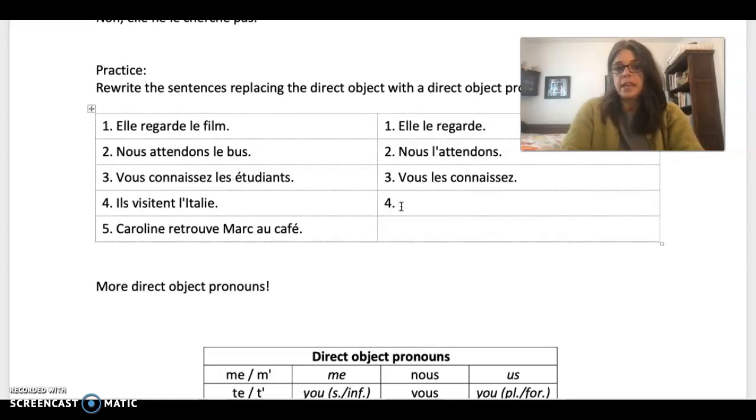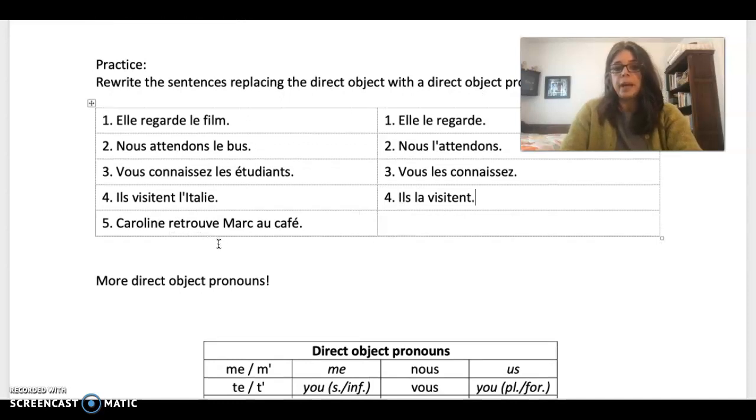And we learned that if a country ends in the letter E, it's usually feminine. The big exception is Mexique, so important for us here in Nouveau-Mexique, le Nouveau-Mexique. L'Italie isn't one of the exceptions, so it is feminine. So we're going to replace l'Italie with la. So, il la visite. They visit it.